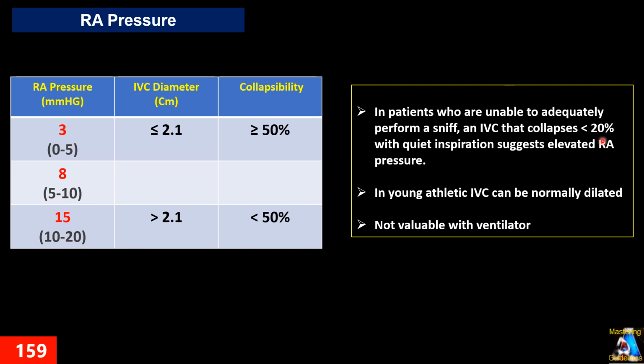Besides that, in cases where the patient cannot do a sniff test or cannot breathe in and out deeply, for example a patient in a coma or unconscious, we have to take the collapsibility as 20%.